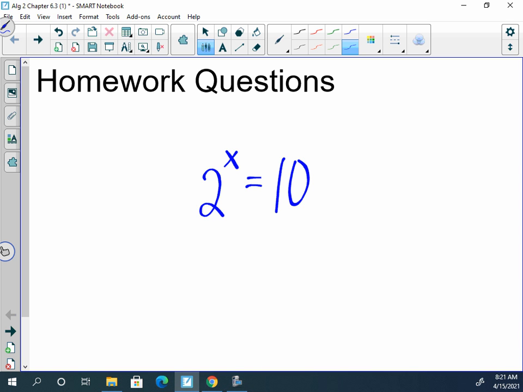So that means there's not a whole number answer that we can put on 2 to get 10.